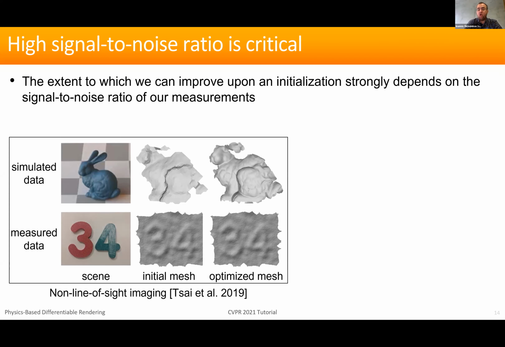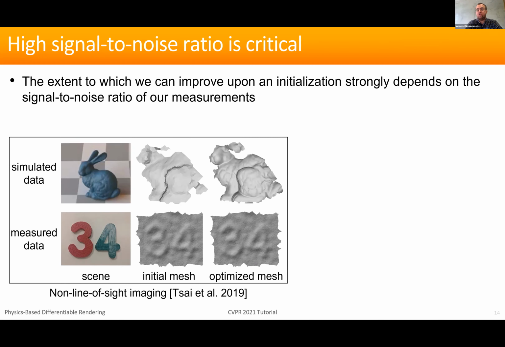We observe them only through indirect illumination, and we're looking to recover their shapes. In simulations, using differentiable rendering can actually greatly improve upon the kind of initialization we would obtain with techniques that are not based on differentiable rendering, and recover a really very high level detail on these meshes.